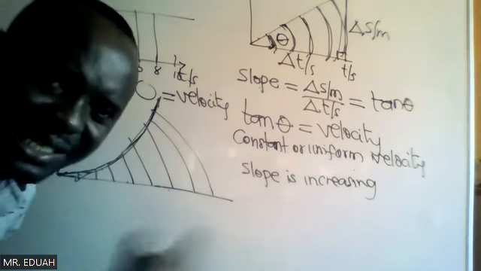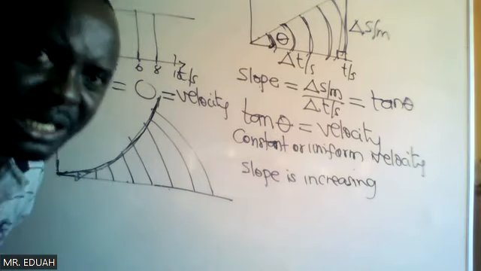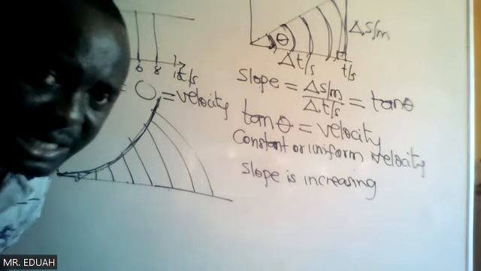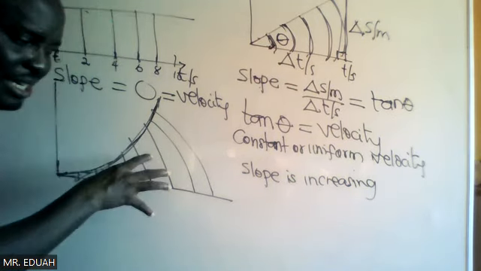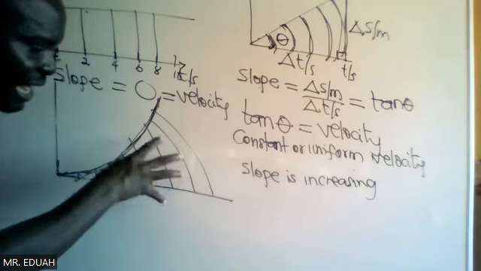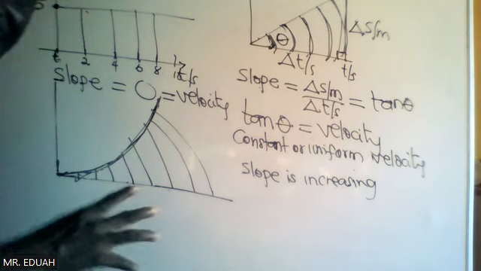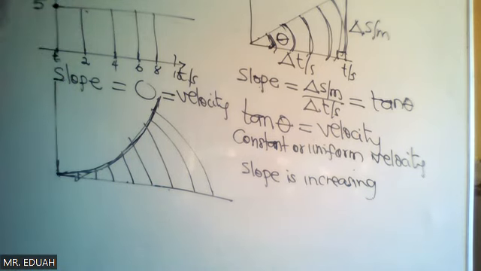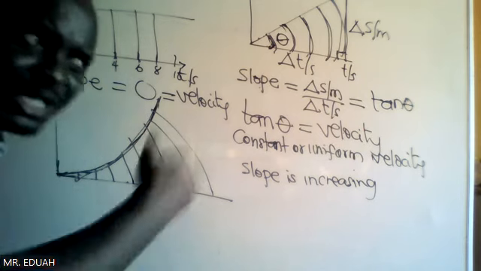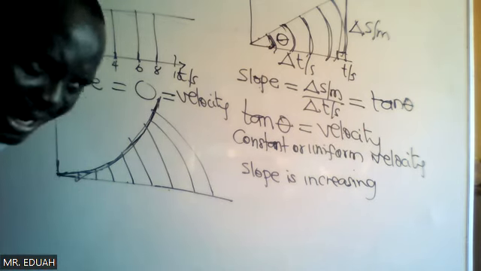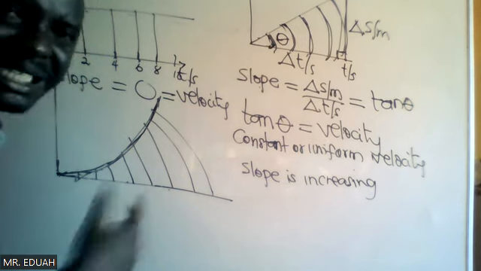The velocity is increasing. When you have an increasing velocity with time, then certainly bodies accelerate. For a non-uniform velocity motion, bodies accelerate. If the distance covered is decreasing, then the slope would decrease, and so the body would decelerate.